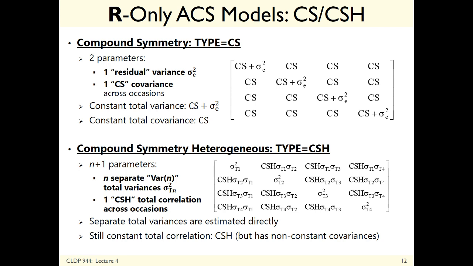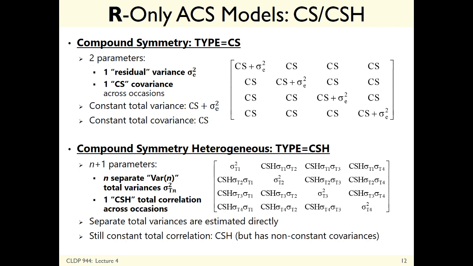So this pattern is more forgiving in that it allows your variance to change over time, but it still says that your correlation is the same over time.